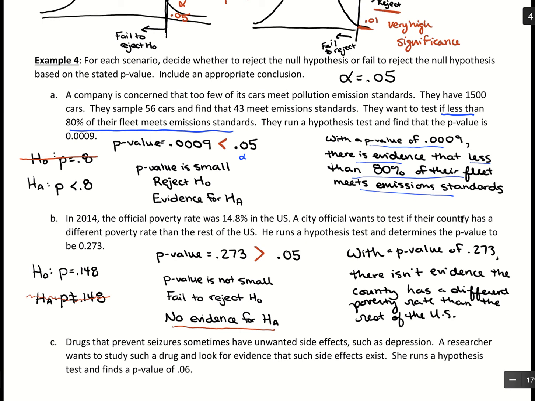So our wording here, we state our p-value. We would have to say there isn't evidence in this case because that p-value is not small. And then the rest of the wording is about our alternative hypothesis. So again, we don't want to talk about the null hypothesis. It's all about whether or not we've proven that alternative, which in this case, we just couldn't. Our evidence wasn't strong enough.